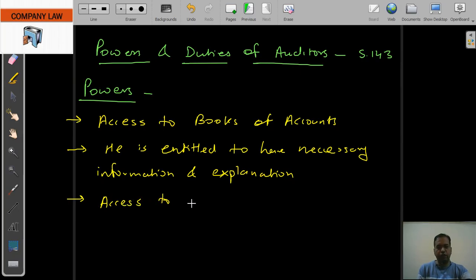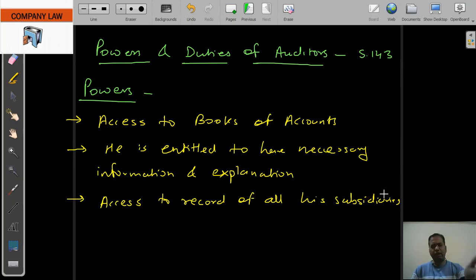Okay, so these are some of his powers. He should have access to all the subsidiaries, associate companies also. He can have access to the books of accounts. He is entitled to the information and explanation.